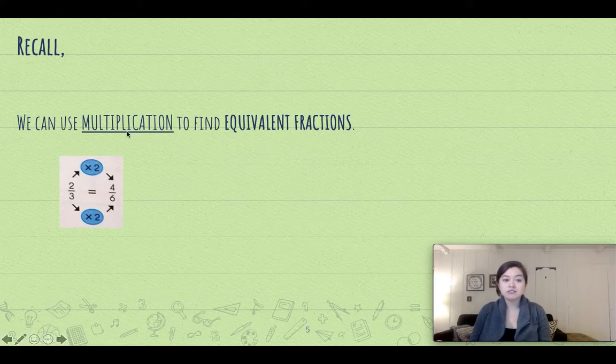In this case, we multiply the numerator by 2 and the denominator by 2. 2 times 2 is 4. 3 times 2 is 6. So 2/3 and 4/6 are equivalent fractions.